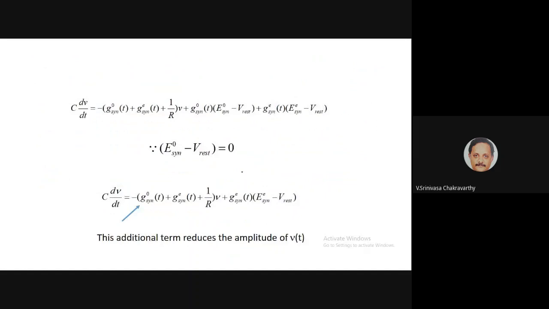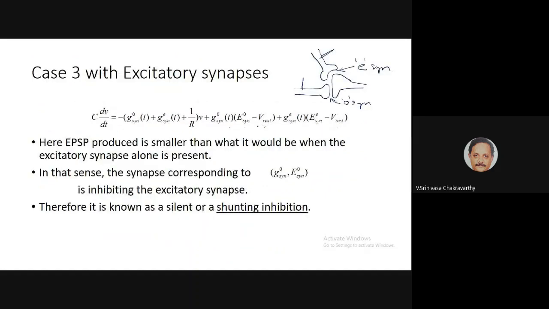But if you look at it closely, there's one more term here. Even though the second term, the current term, becomes 0, in the first term you have the sum of three conductances: G0, GE, and 1/R. Had it been just an excitatory input, in this term you would just have G_E_syn plus 1/R.